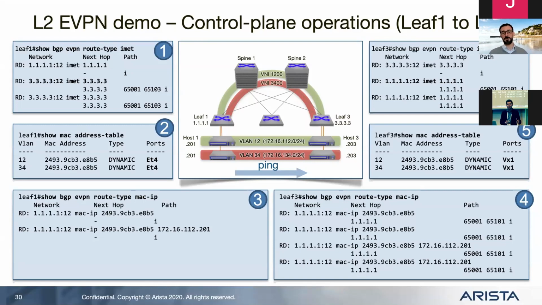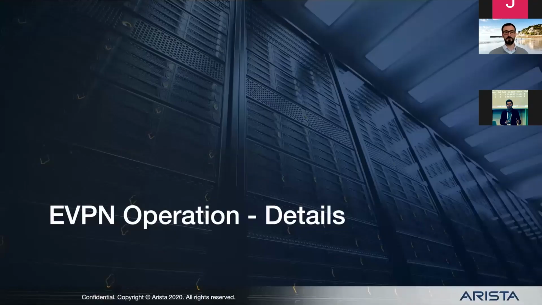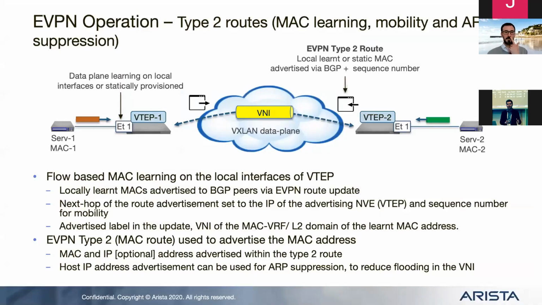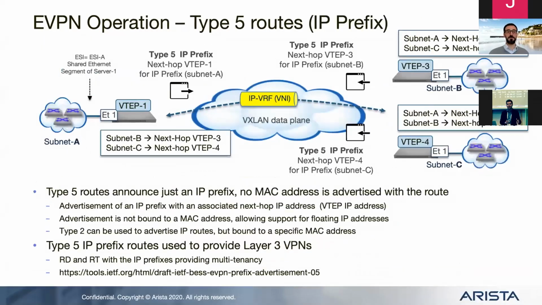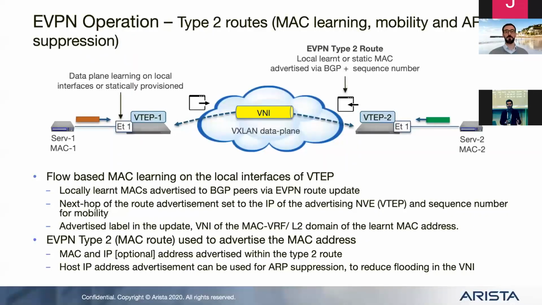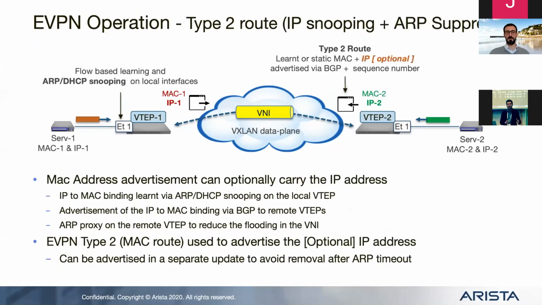Then how the MAC address was populated, then the route type 2 generated, and how that was distributed to leaf 3 to provide complete end-to-end control plane and data plane reachability. I've discussed many of these aspects here, the route types, and I think that was the purpose of the demo: to explain everything and how things work, from data plane learning for the local MAC learning to control plane establishment and end-to-end data plane forwarding.